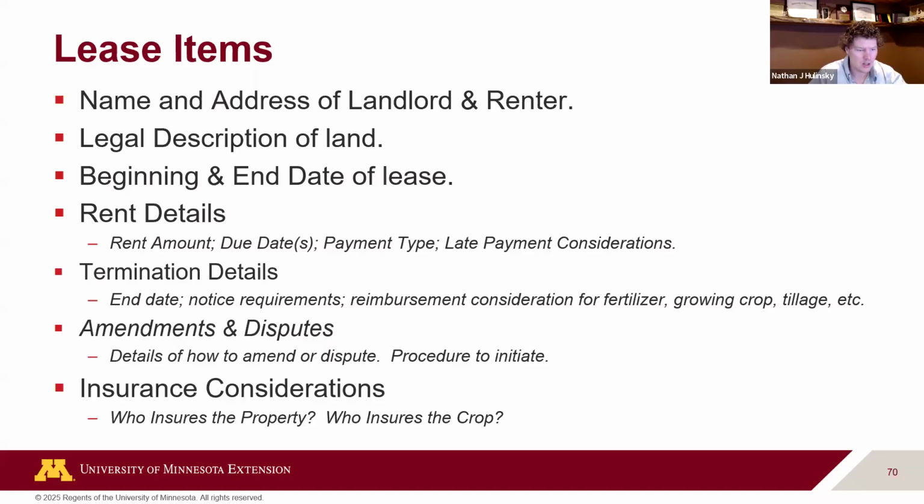Amendments and disputes. What happens if you do a 3-year lease and year 2 you want to change something, right? What's the procedure to initiate a change? Insurance. What about who's insuring the property? Who's insuring the crop? I said this morning that about 90 to 95% of corn and soybean acres have crop insurance.